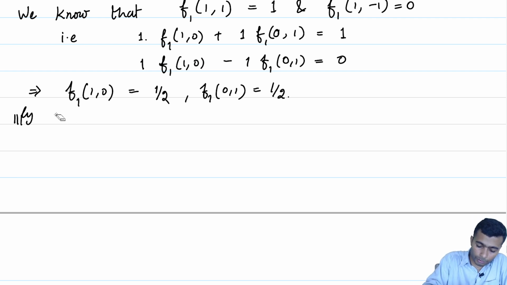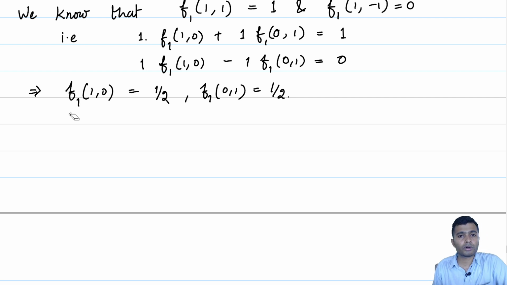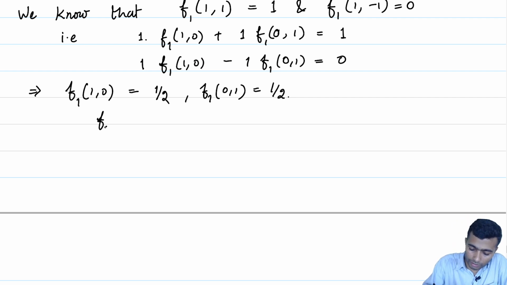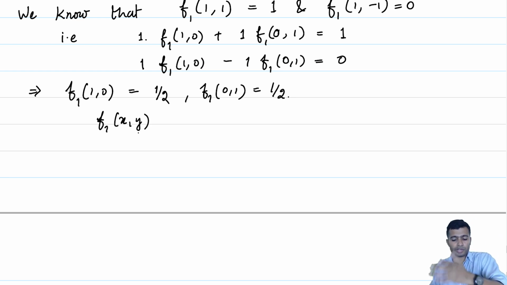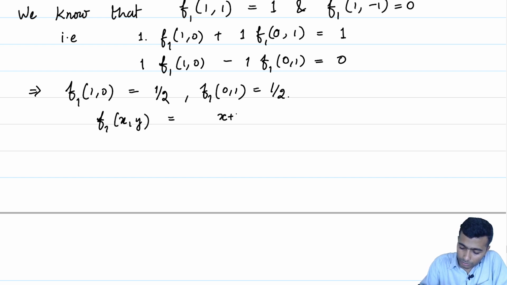Okay, before we go into what F2 is, we now know what to do with F1 of (x, y). F1 of (x, y) is x times F1 of (1, 0) plus y times F1 of (0, 1), which is equal to x/2 plus y/2, which is equal to (x + y)/2.